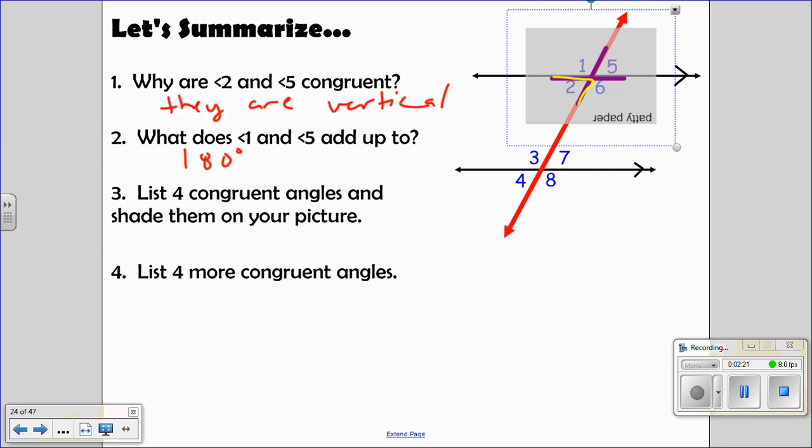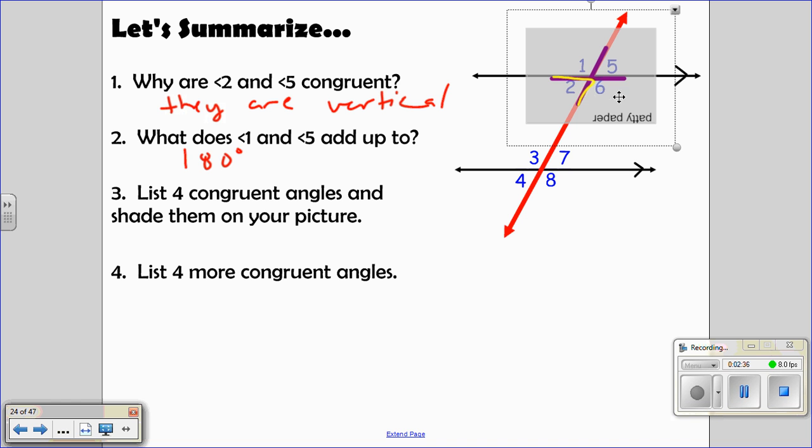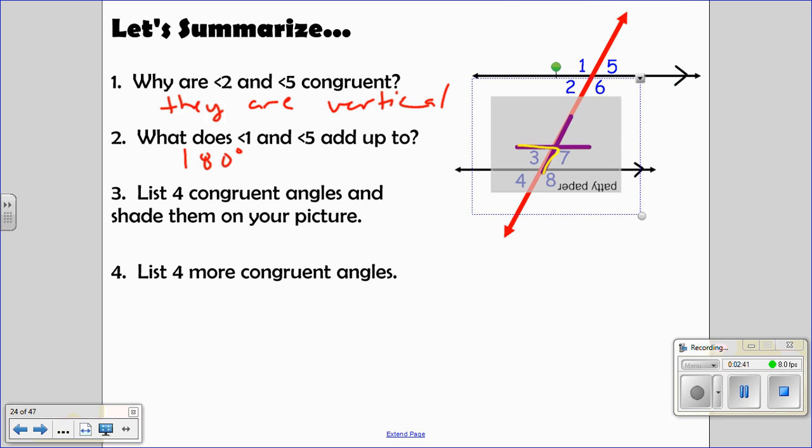Number 3, list 4 congruent angles. Well, keeping in consistency with angle 5 and angle 2 right now, let's say I take my patty paper and slide it downwards. Let's see if there are any other angles that match up with angle 2.